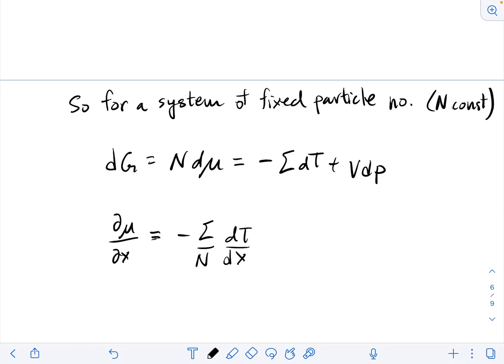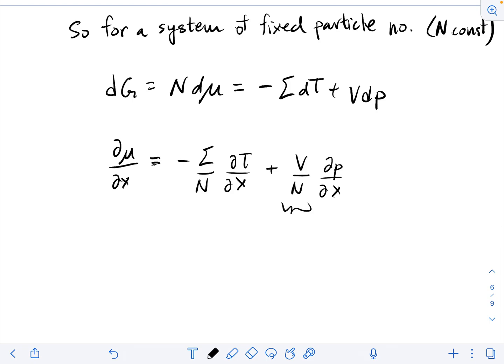In general this is going to be a partial derivative of temperature, since it depends on the other position coordinates as well. Then we have plus V over N, and then dP dx. V over N is the same as 1 over the number density of particles. And so d mu dx is equal to minus the entropy divided by N dT dx plus 1 over the number density dP dx.